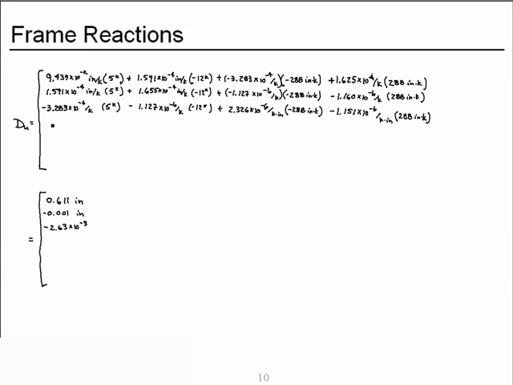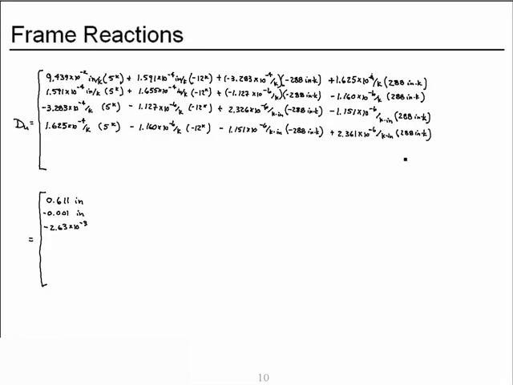Now degree of freedom 4. 1.625 times 10 to the minus 4 per kip times the 5 kips minus 1.160 times 10 to the minus 6 per kip times the minus 12 kips minus 1.151 times 10 to the minus 6 per kip inch times the minus 288 inch kips plus 2.361 times 10 to the minus 6 per kip inch times the 288 inch kips.